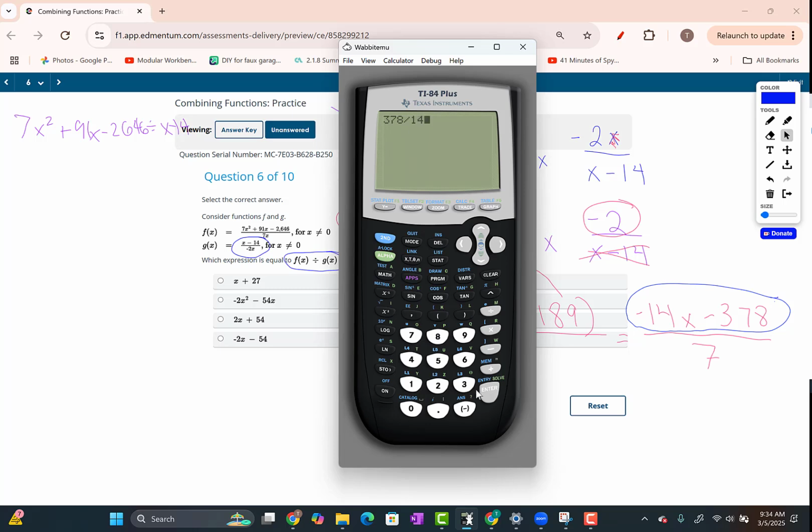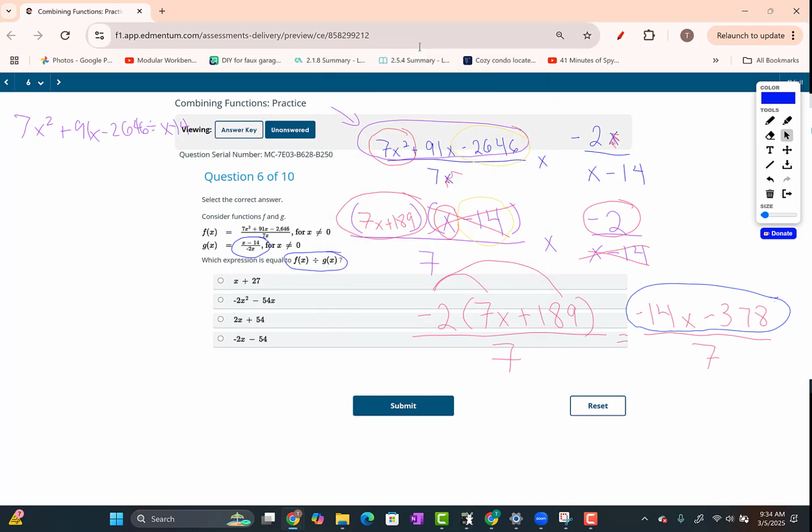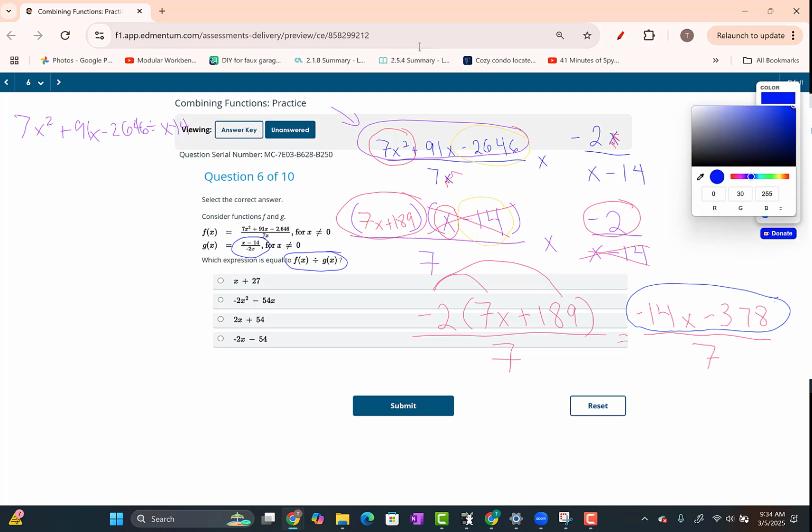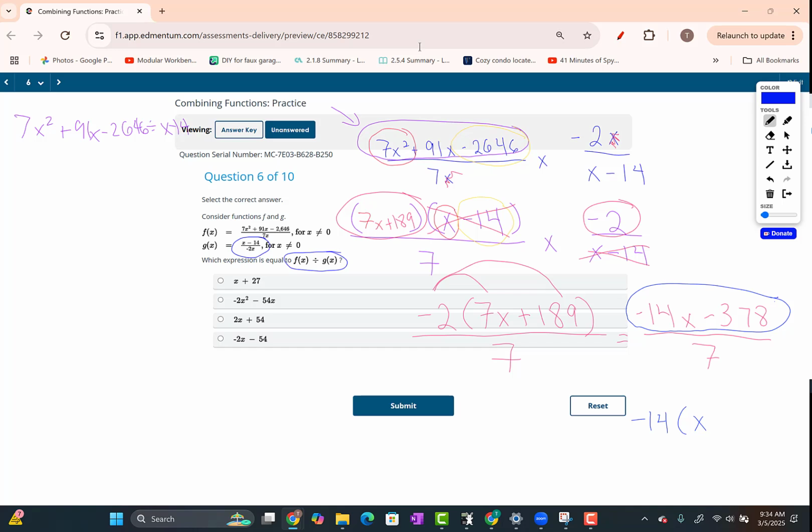Does 14 go into 378? Yeah, it does, 27 times. So I'm going to factor out a negative 14 from the numerator, and it becomes x plus 27, all over positive 7.